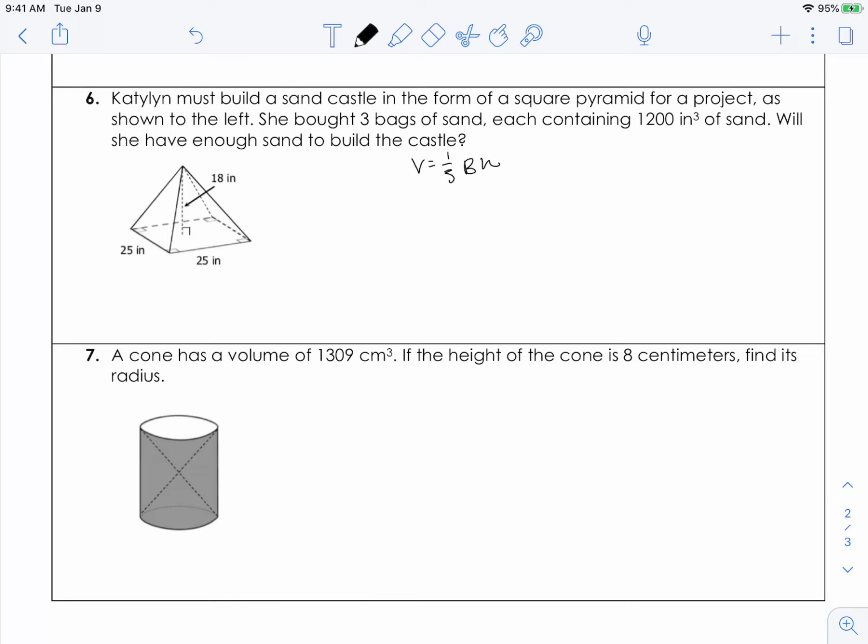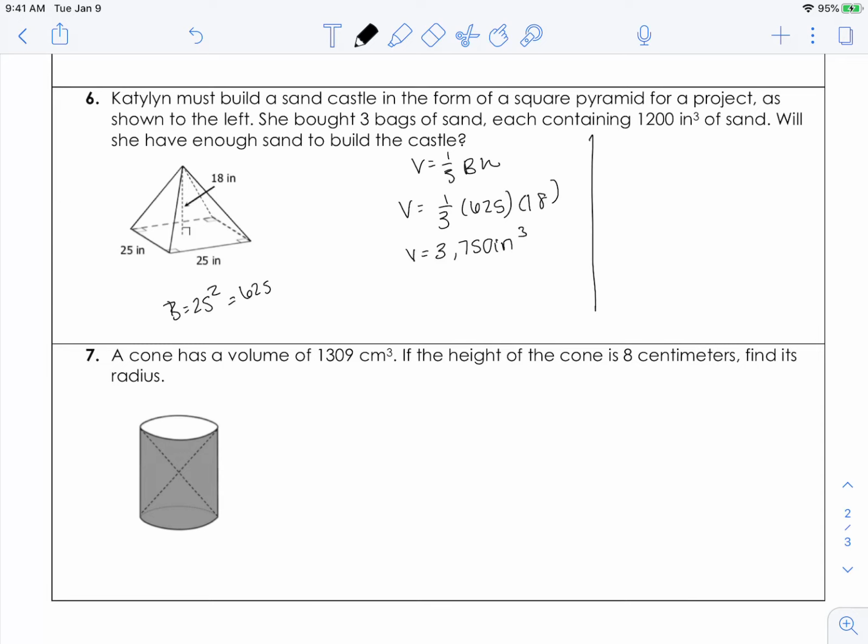Area of the base is going to be 25 squared, which is 625. And they give us our height, which is 18. So volume is going to be 3,750 inches cubed.